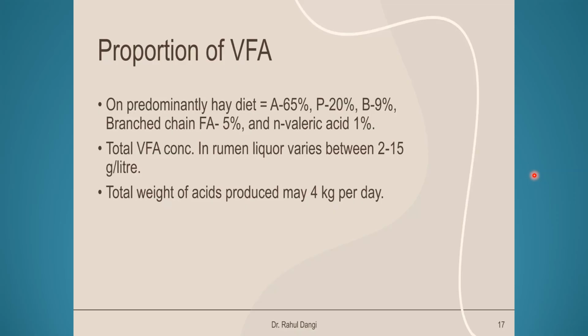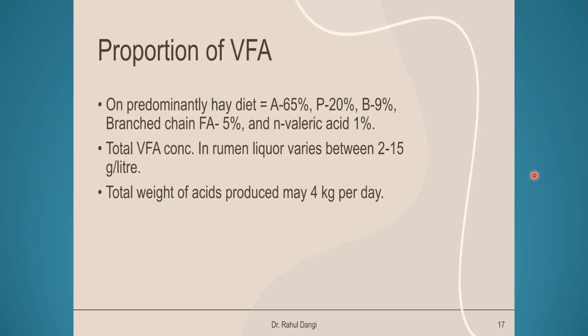Then, for the proportion of the volatile fatty acids present in every animal, please go through the chart, which shows the predominant proportion of the VFAs: acetic acid 65%, propionic acid, noted by P, 20%, then butyric acid 9%. Acetic acid is highest in most of the ruminants.